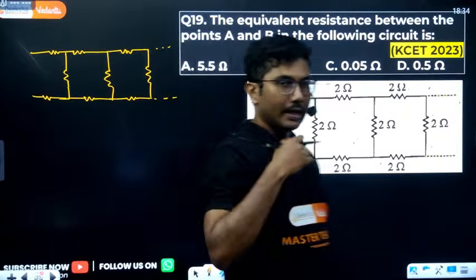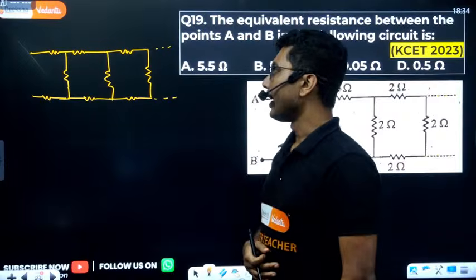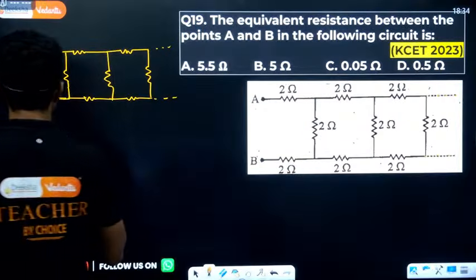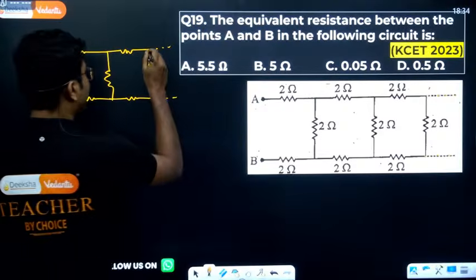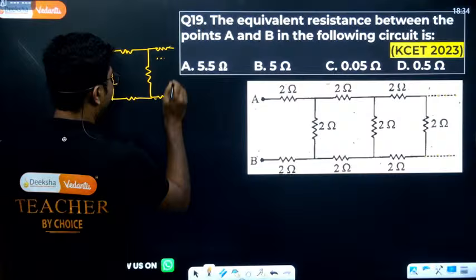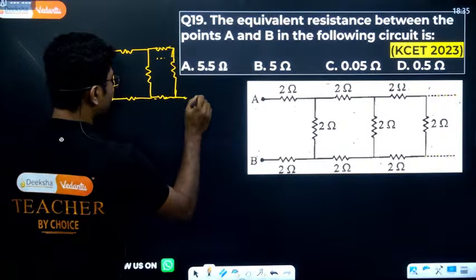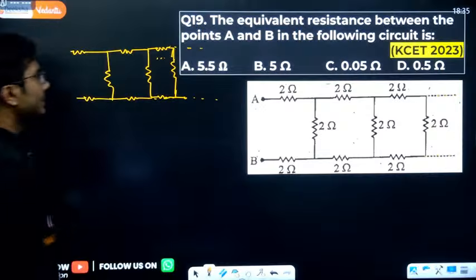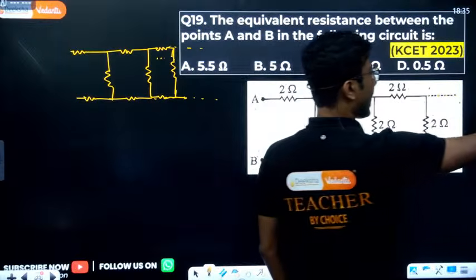Now, in case of an infinite circuit, you have to find a point where, if I remove this portion, because it's an infinite circuit, I can draw another section over here and continue the dots. The same pattern repeats at each and every point.